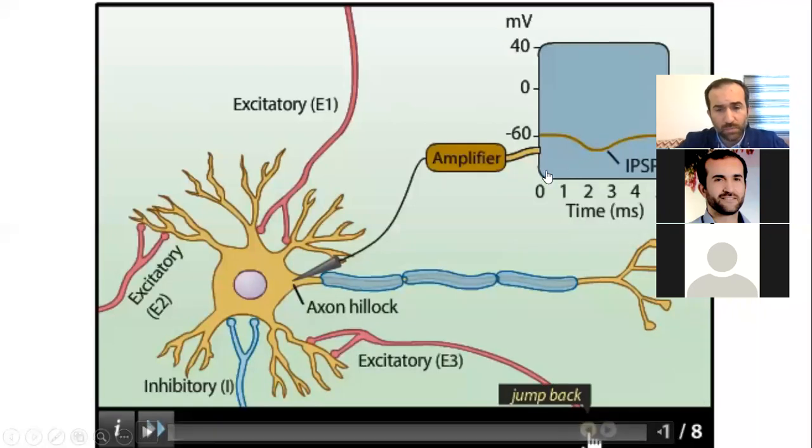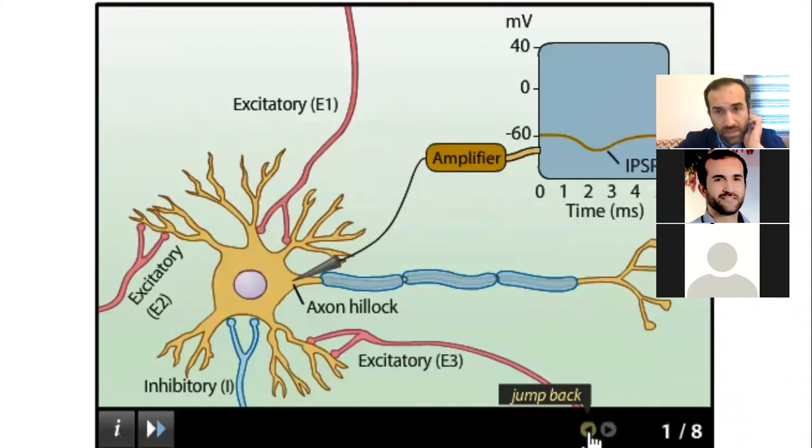In the case of excitatory postsynaptic potential, the channels are Na plus channels, chemical dependent channels, and the entry of Na plus will make the inside of the neuron less negative, leading to the increase of the membrane potential. And in the case of the inhibitory synapse, the channels are K plus or Cl minus. If they are K plus, there is exit of K plus.